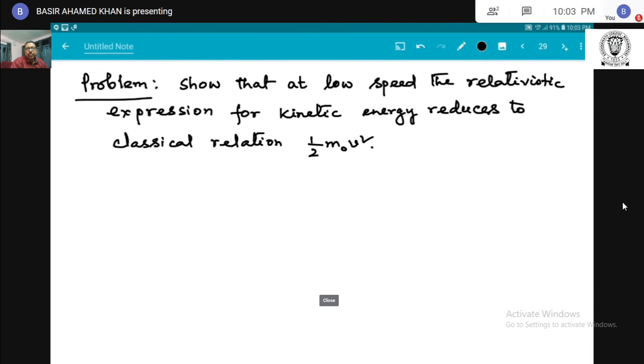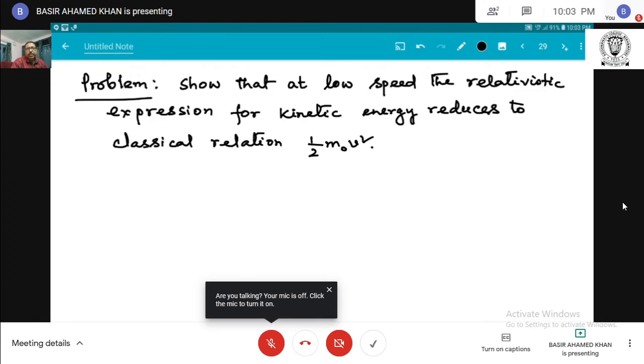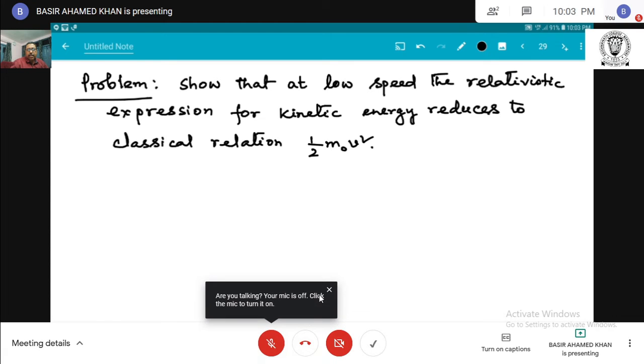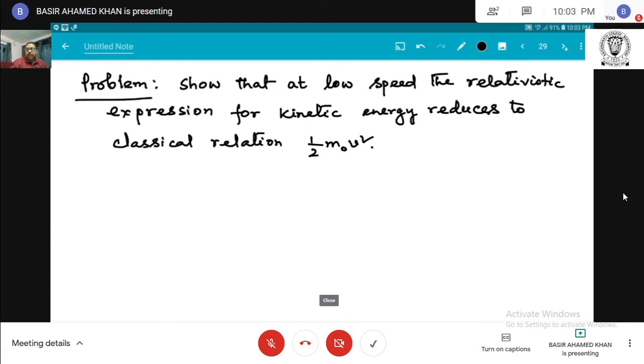This is very important. If the speed of the particle is low, then this kinetic energy reduces to the classical relation half m0 v square.